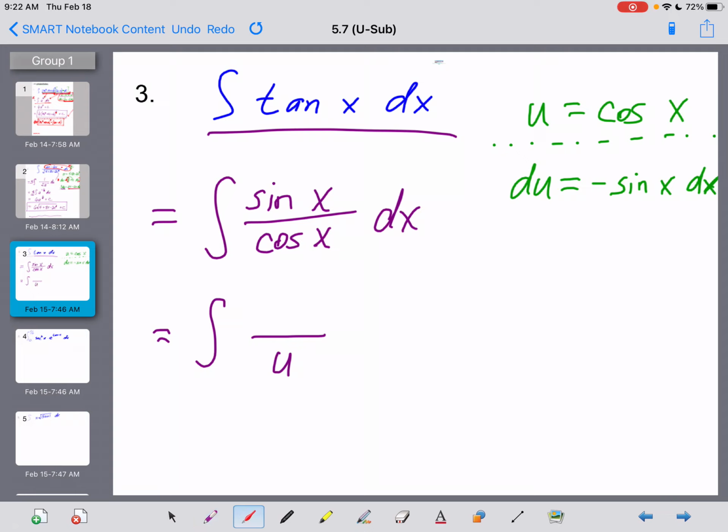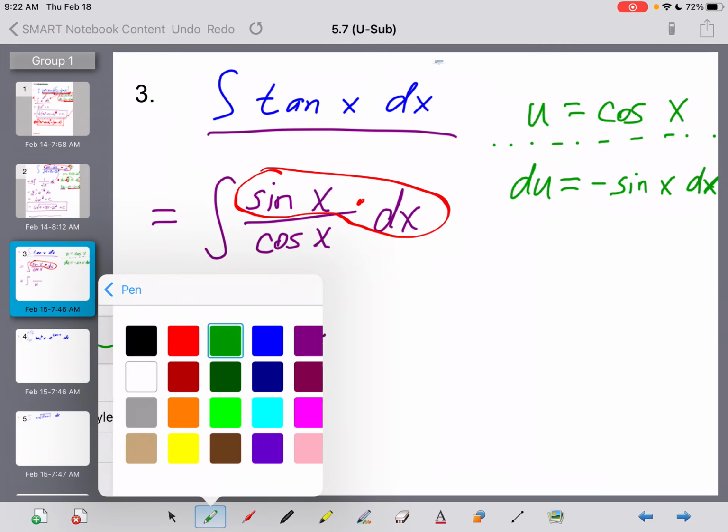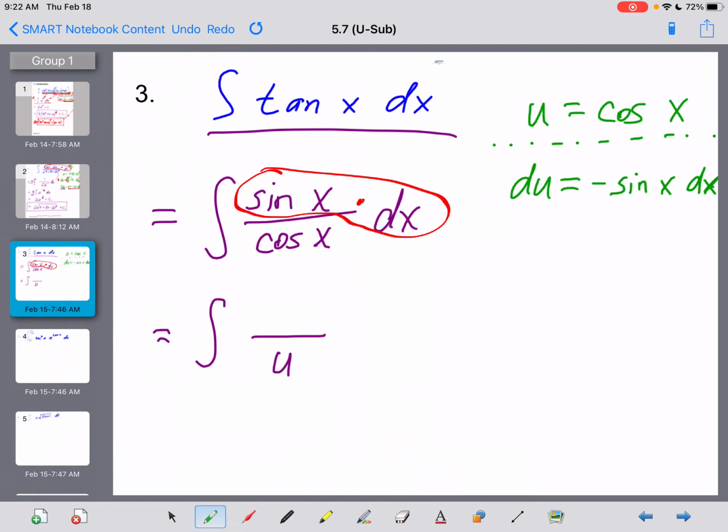And then what we were trying to represent with our secondary substitution is sine of x times dx. I'm very close to that over here in green if it were not for that stupid negative. So I'll just divide both sides by negative 1 and get negative du equals positive sine of x dx. And that is the secondary substitution that we needed.